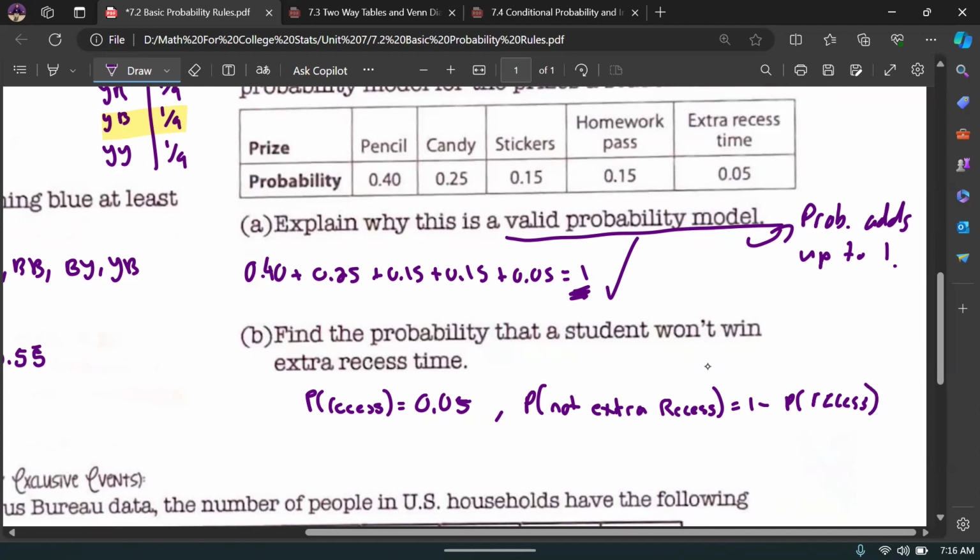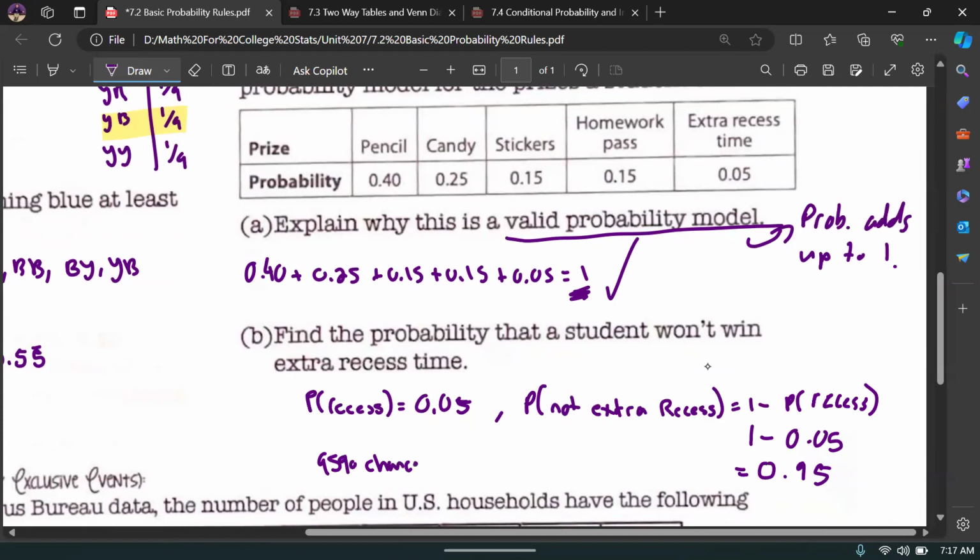So if recess has a 5% chance of being selected, then there's of course a 95% chance of not winning that. So a 95% chance of getting something else. So this is that complement rule that we were talking about before. So 95% chance of not getting extra recess. There we go. Very nice.